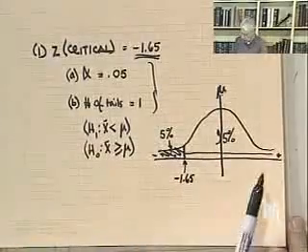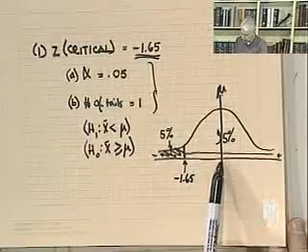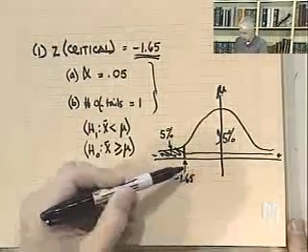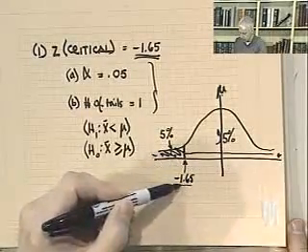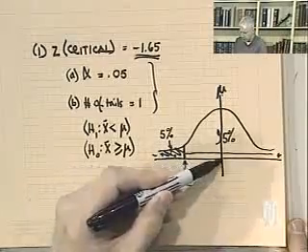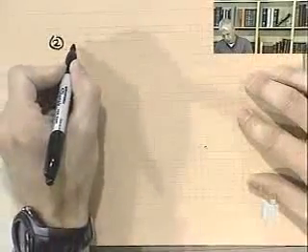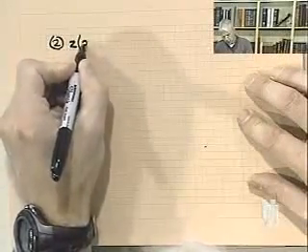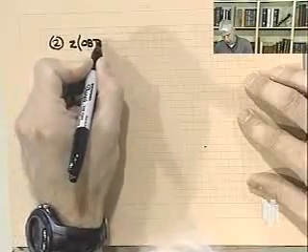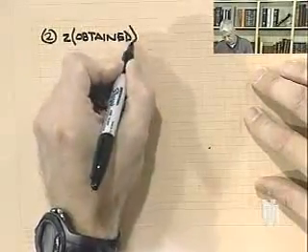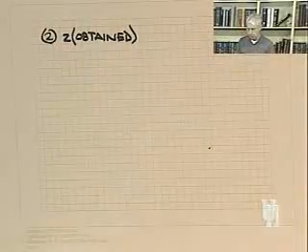What is more, since we've measured this distance in standard deviations, we know that this point is 1.65 standard deviations below the mean. As a second step, we have to compute Z obtained. That is, we have to convert the sample mean into a Z-score. We have to standardize it.